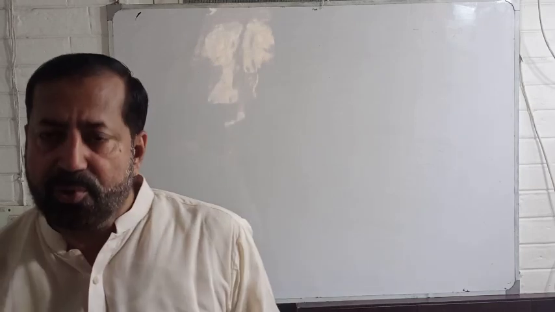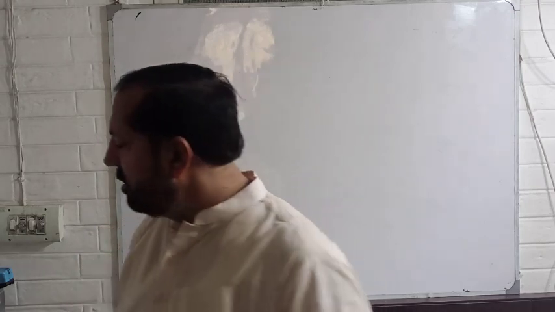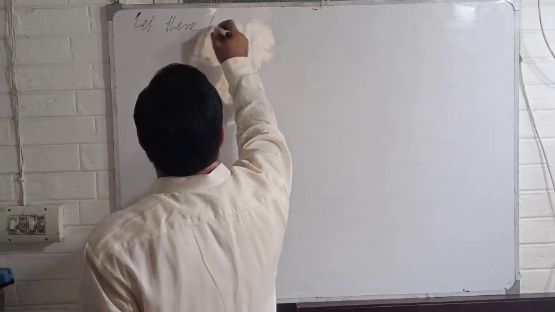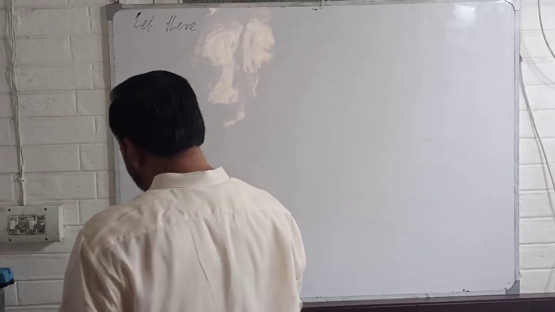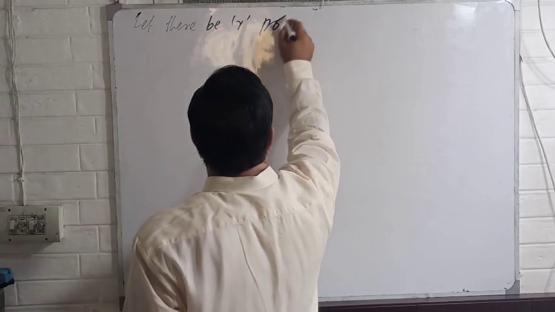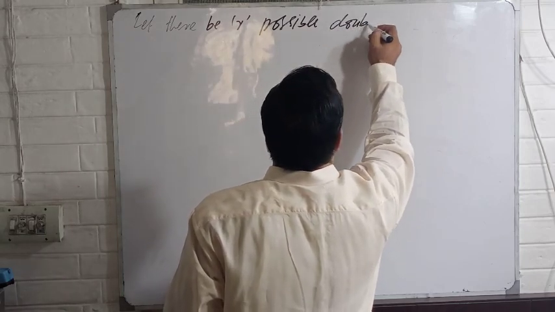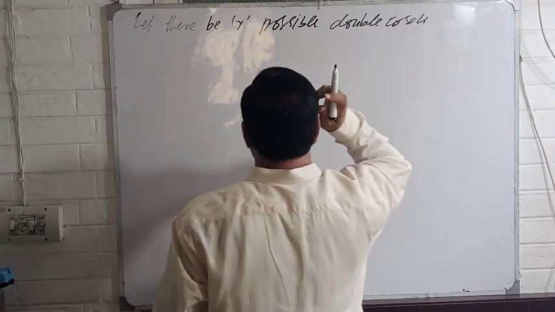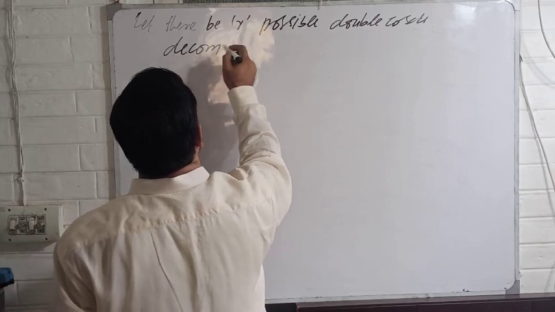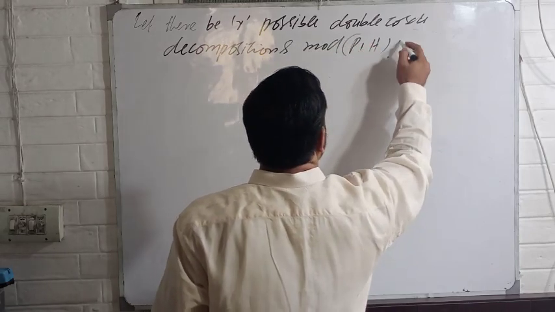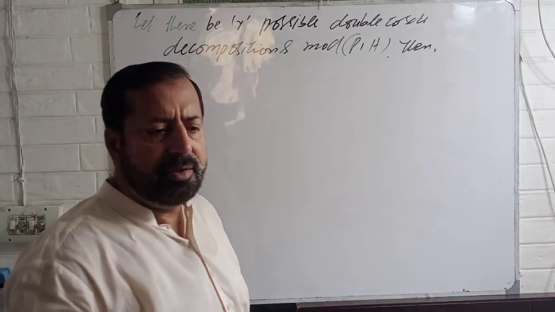Now again consider the double coset decomposition of G by using these two subgroups P and H. Let there be r possible double coset decompositions modulo P, H. We have discussed this thing a number of times.